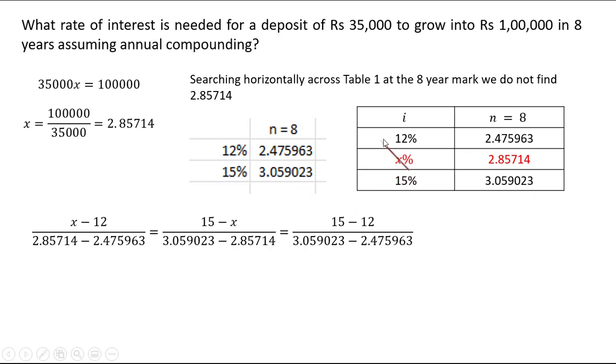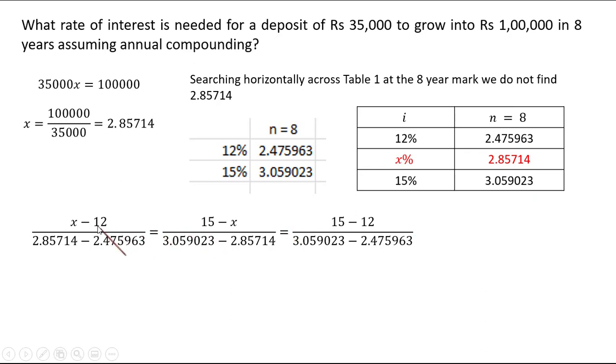If x minus 12 corresponds to 2.85 minus 2.47, as I've written over here, it should be equal to 15 minus x, corresponding to 3.05 minus 2.85, which I've written over here. I'm just using the first two decimal places after the decimal point, which should be equal to 15 minus 12%, the whole upon 3.05 minus 2.47.